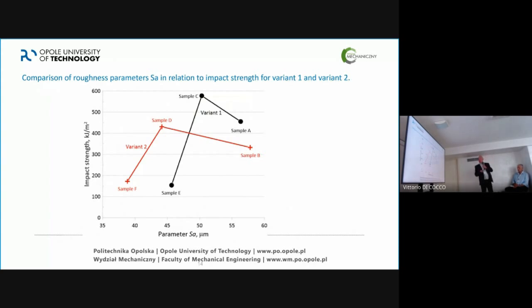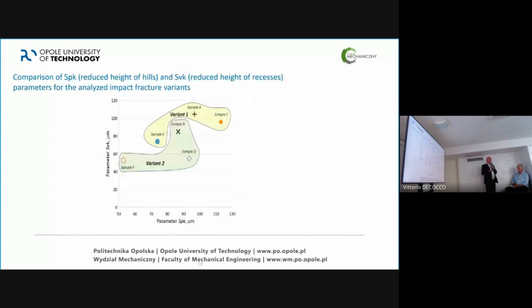I thought that it's a mean value, but this mean value is very close to every impact strength. And also, on this figure, there is a comparison of reduced heights of hills and reduced heights of valleys, parameters for analysis of impact fracture, variant 1 and variant 2.